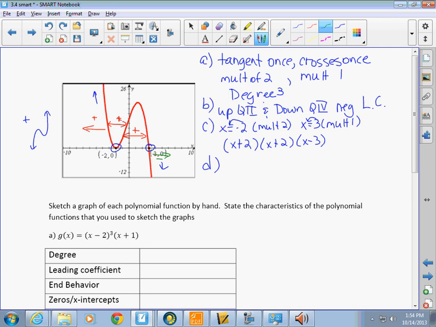So my positive interval occurs at x is less than negative 2, and then it was positive right, and I broke it up into 2, but we could actually go right through there.